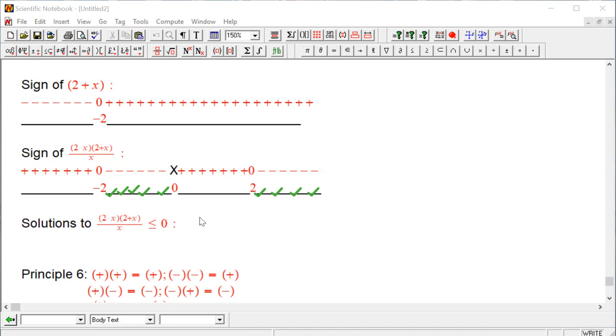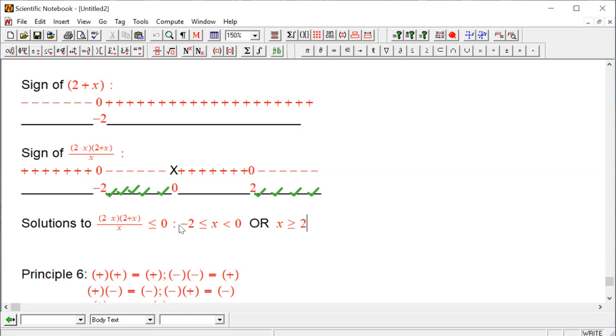So our solution would be one piece is -2 less than or equal to x, less than 0, cannot include the 0, or the next interval would be x is larger than or equal to 2.